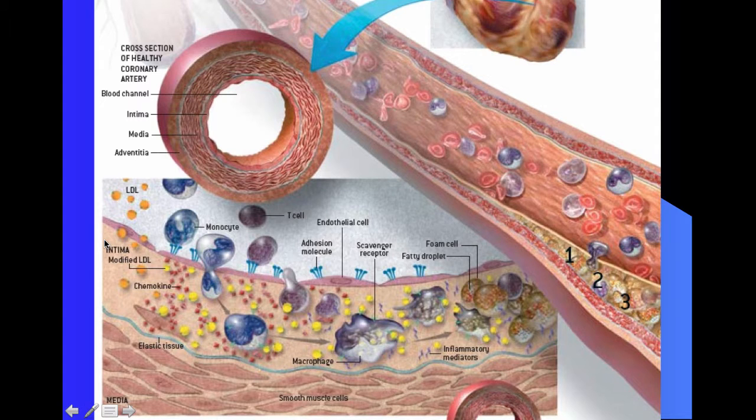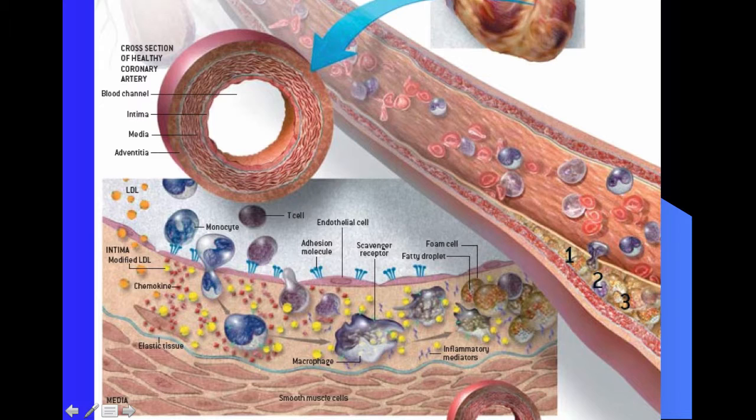Okay, so let's talk about step 1. Step 1 is the injury to the coronary artery, and the injury occurs to the endothelial cells and or its underlying tissue. Most common sources of injury: hyperlipidemia, which can be high cholesterol or high triglycerides, and smoking and high blood pressure. Any of those can cause these endothelial cells to be injured.